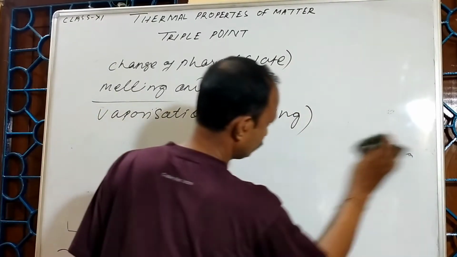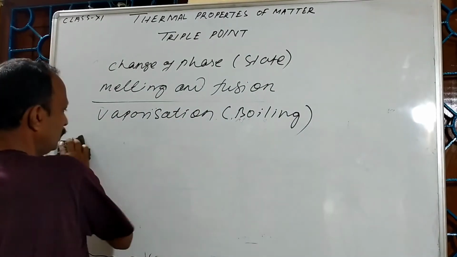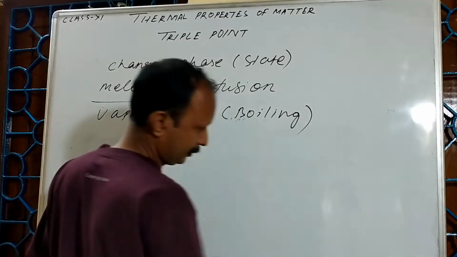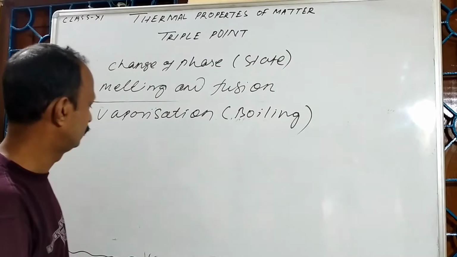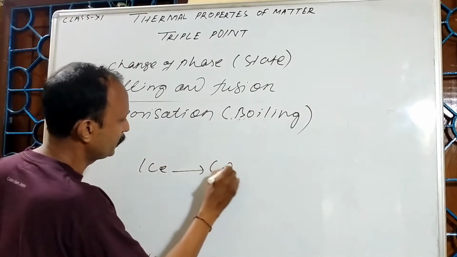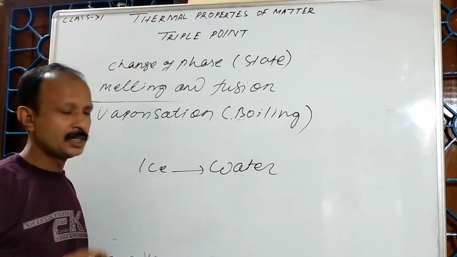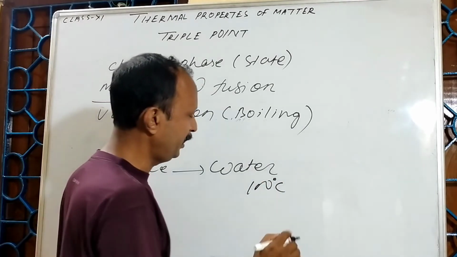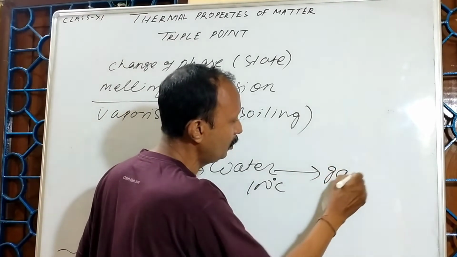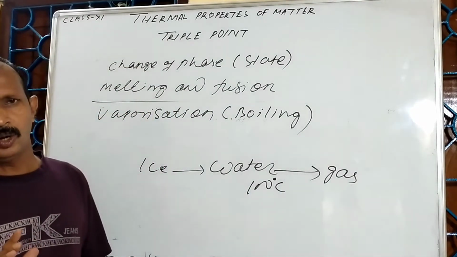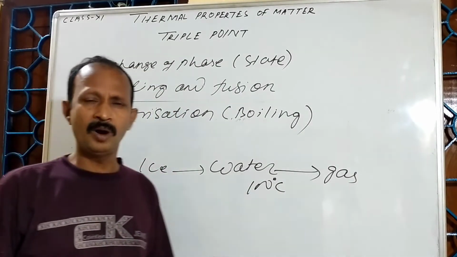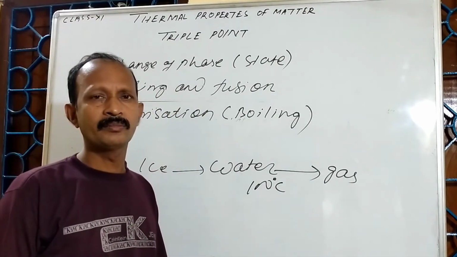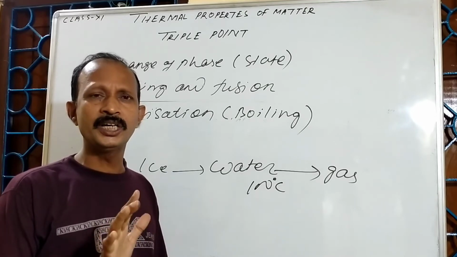So children, once ice converts into water, suppose the water temperature reaches 100 degrees Celsius, that means water will start to convert into vapor state, that is the gaseous state. So whenever water converts into water vapor, during that time you won't find any change in temperature.